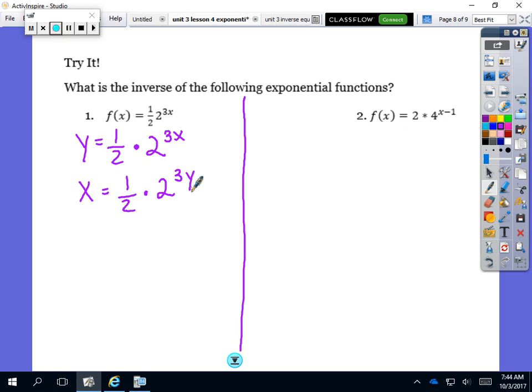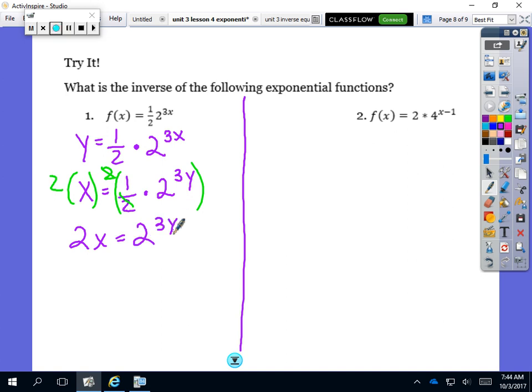Now I want to multiply both sides by 2. What happens here is the 1/2 times 2 just equals 1. And on this side I'll have 2x. So 2 times x equals 2 to the power of 3y.